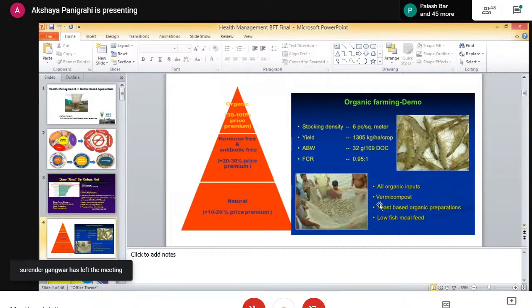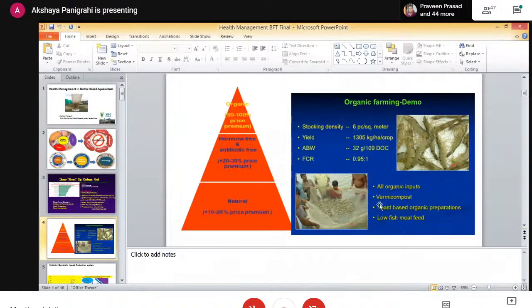So what are the alternate health management systems we tried to promote earlier? One is the organic farming system. We have demonstrated it in every sphere, but here it is not taken up that much, because of the production limit.